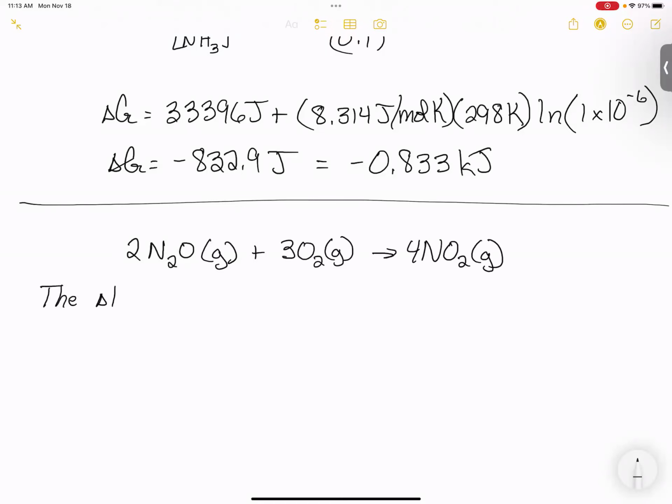The delta H naught for this reaction is a negative 31.6 kilojoules. So it is favorable with respect to enthalpy.